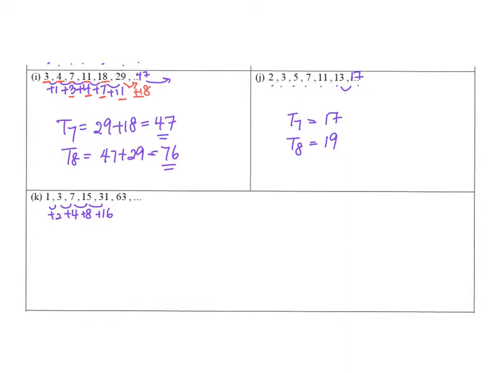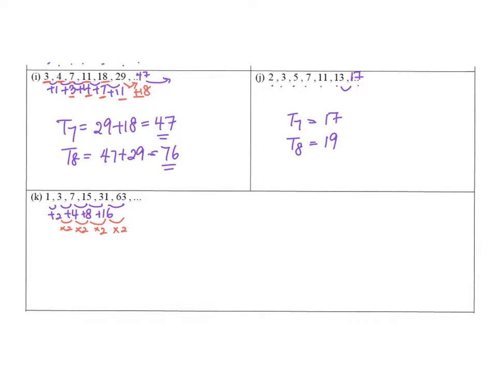It looks like this is a doubling sequence. Okay, let's try. If we were to have 2 times 2 to give you 4, 4 times 2 to give you 8, 8 times 2 to give you 16, then that means the next one over here will be 16 times 2.